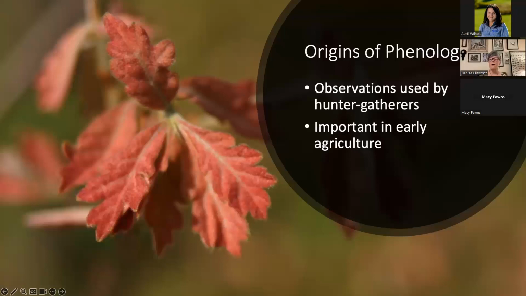If we wait too long to plant those seeds, then maybe we don't get to harvest what we would have otherwise. And so looking around, making observations, passing that on from generation to generation really ensured the success of those agricultural practices. So the reason I have the oak leaf pictured in this slide talking about the origins of phenology is maybe you have heard this about when to plant corn seeds.